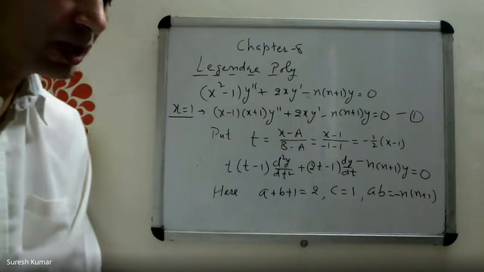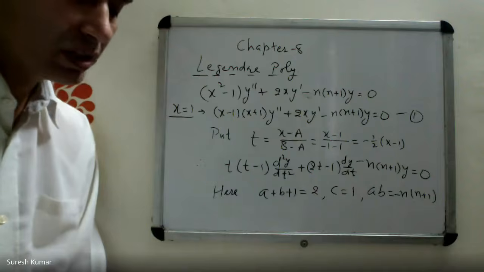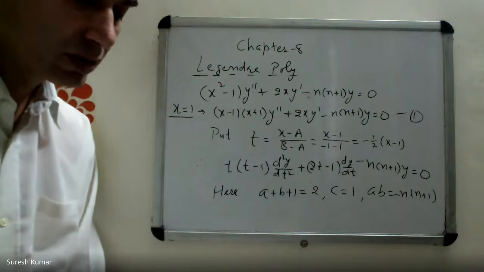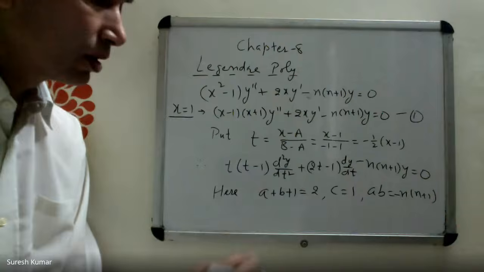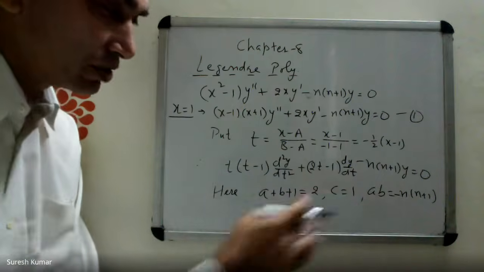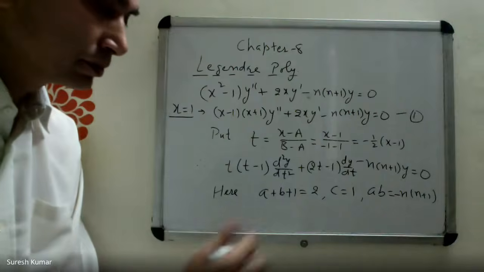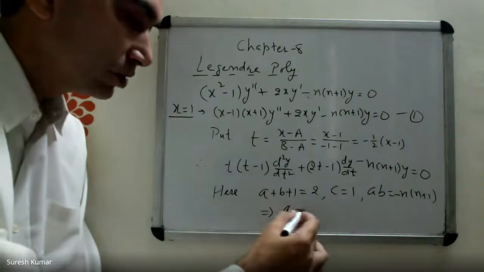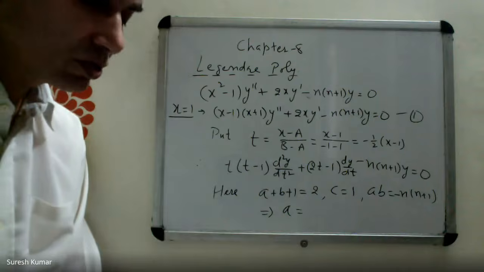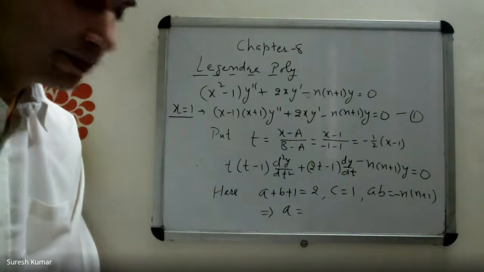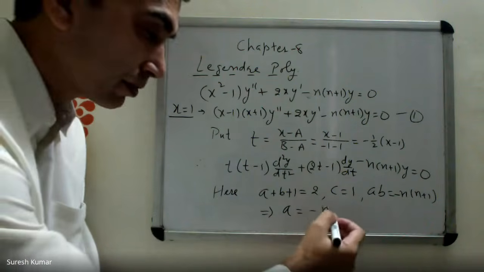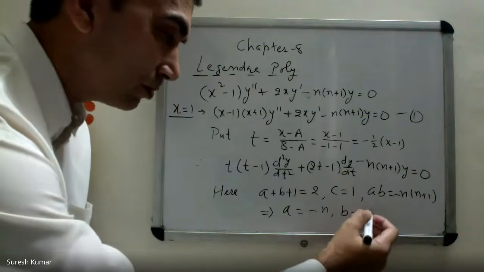We have discussed hypergeometric differential equation in the previous lecture. You should recall these things. What are values of a and b from these? Can you tell me values of a and b in terms of n? Minus n and n plus 1.